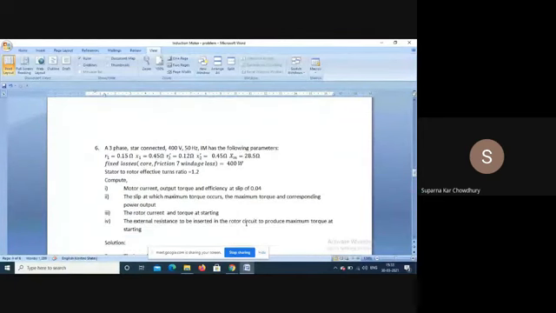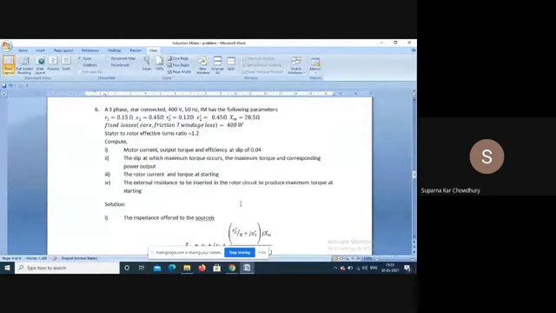Now we'll solve this next problem. We will solve the equivalent circuit and get the values by solving the equivalent circuit. The equivalent circuit parameters are given. That is a three-phase star connected 400 volt 50 hertz induction motor with the following parameters: R1 is equal to 0.15 ohm, X1 is 0.45 ohm, R2 dashed is 0.12 ohm, X2 dashed is 0.45 ohm, XM, the magnetizing reactance, is 28.5 ohm.